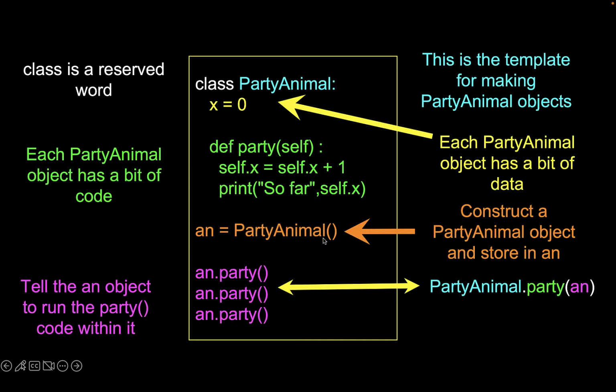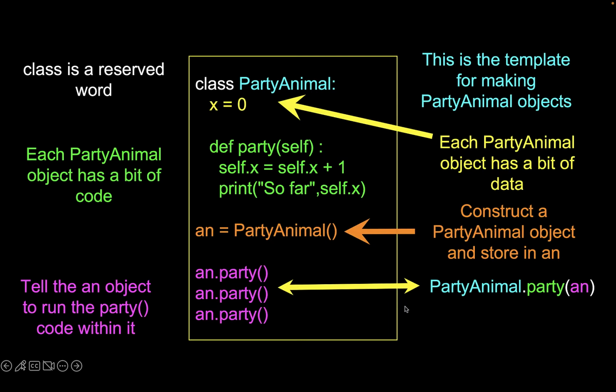We call this calling the constructor, and we'll get more details on what a constructor is in a couple of minutes. We will create a new party animal instance. And then we call the party method 3 times.